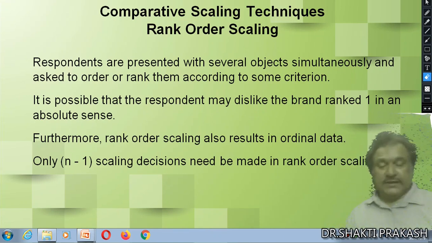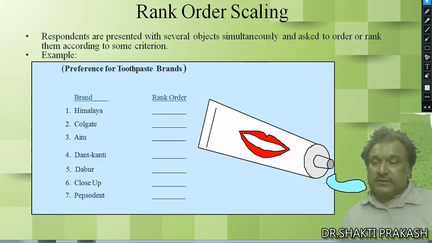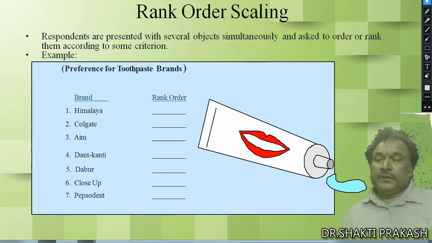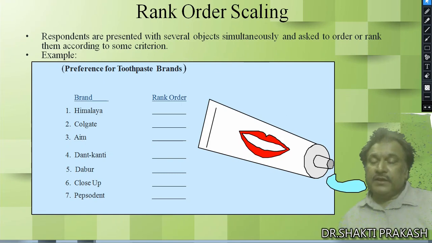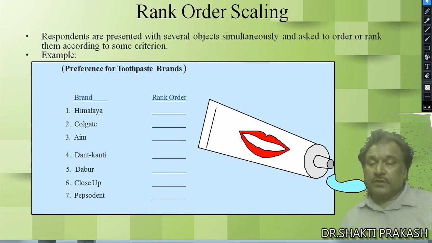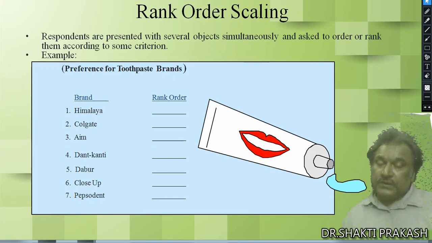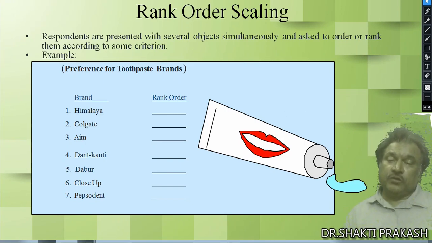In rank order scaling, we compare a number of brands, say 7 brands. In rank order we'll arrange it like Himalaya, the first brand. We'll compare it with all the brands like Colgate, Aim, Dantkranti, Dabur, Closeup and Pepsodent. Then it depends on which particular rank you are giving to this particular product.